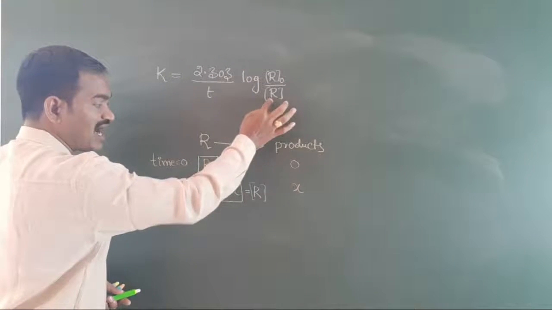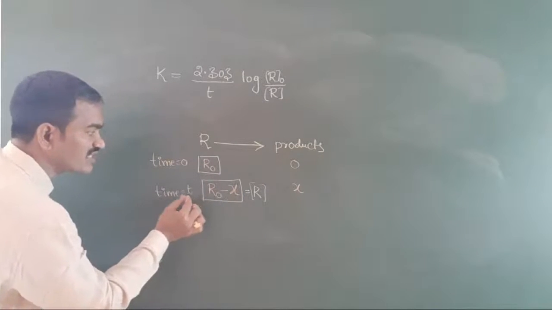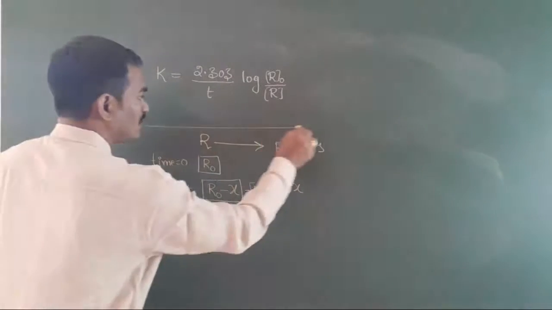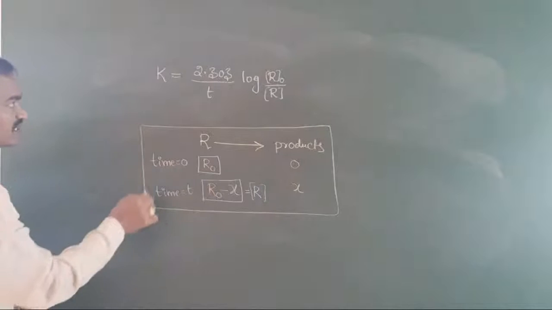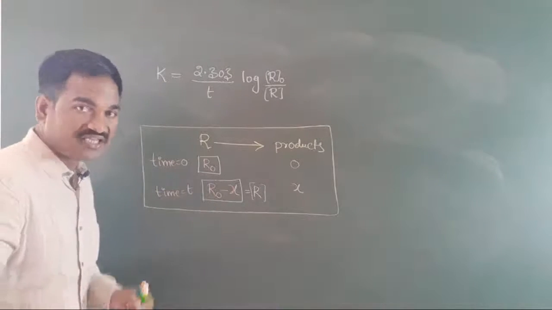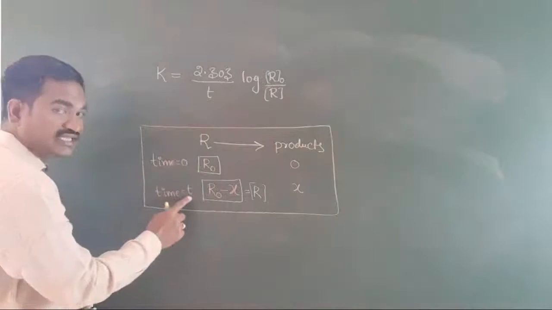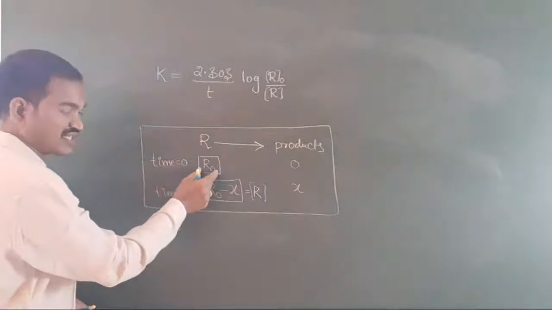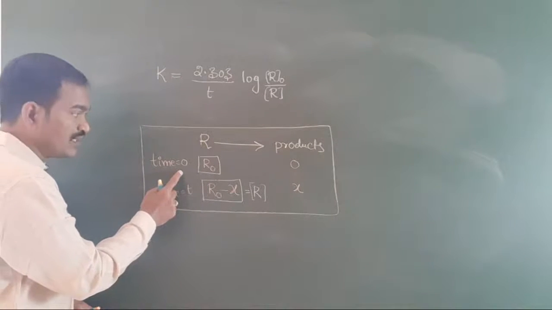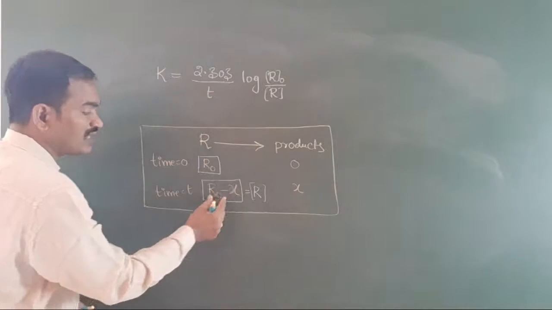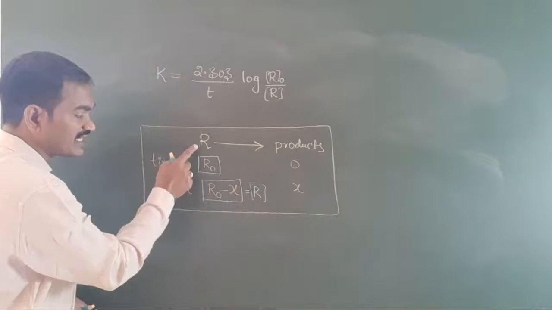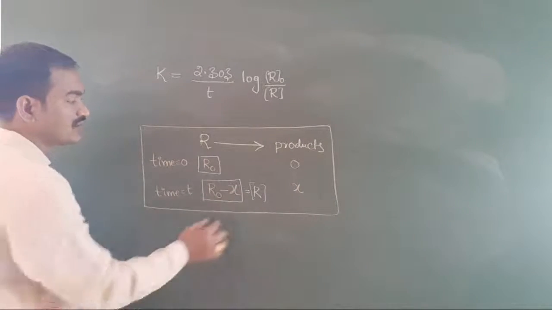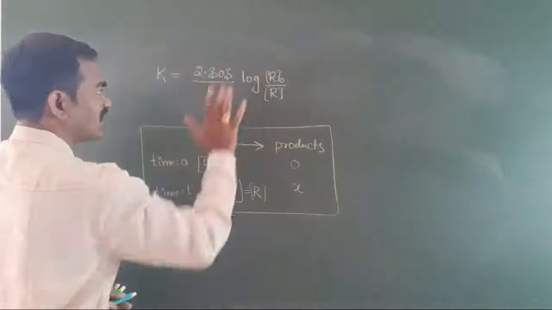Here in the formula, R means remaining concentration after T time. Don't forget about this. So this is the total expression. Here you see K is equal to rate constant, T is equal to T time, R naught is equal to initial concentration where the time is equal to 0. R is equal to remaining concentration of reactants after T time. So R naught minus X is equal to R. So this value we will substitute here, then we will get that full form.